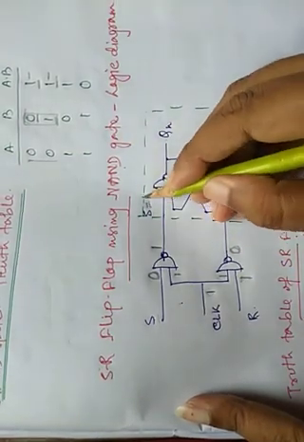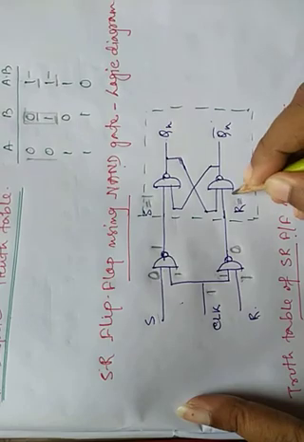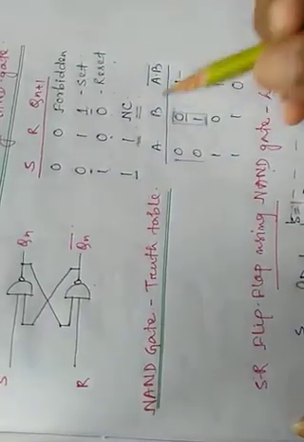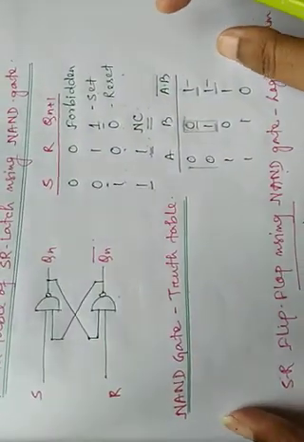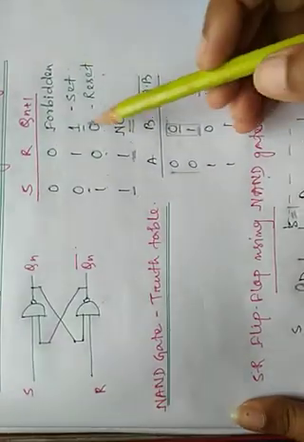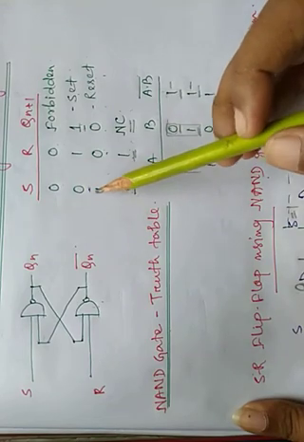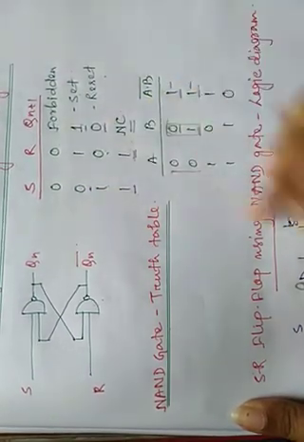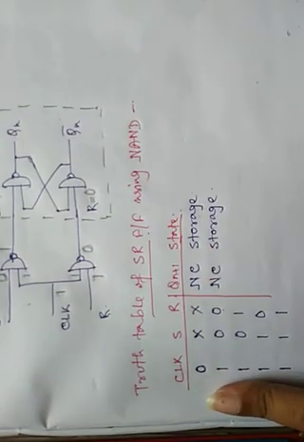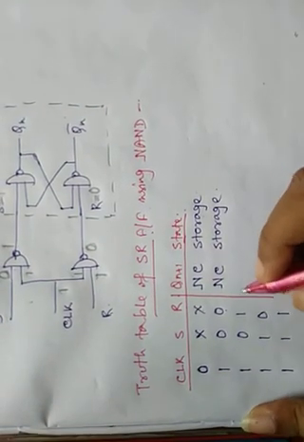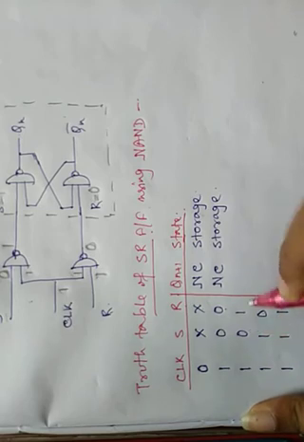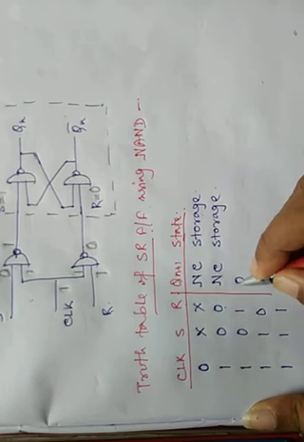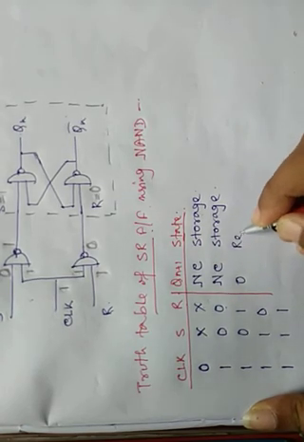So here S is 1, R is 0. So for S1 R0, the output of NAND latch will be reset. So we can write here it is 0, reset.